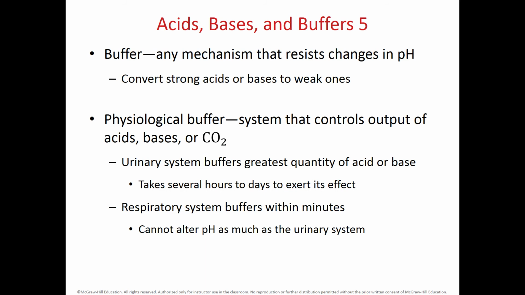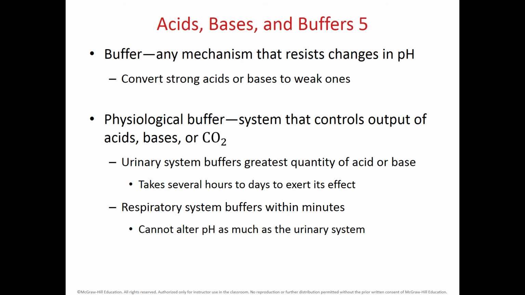Now, a buffer is any substance that has an acid and a base that together can accept or donate hydrogen ions in order to maintain a proper pH balance. So it will be a substance that resists changes in the pH. Now, in our body, we have different buffer systems that help us to maintain this acid-base balance.